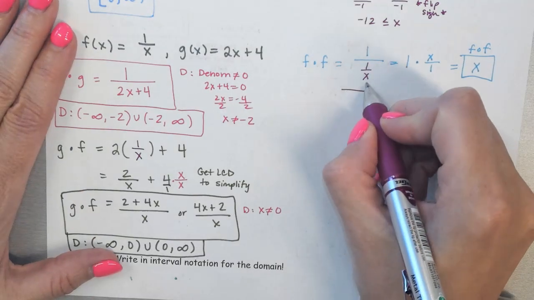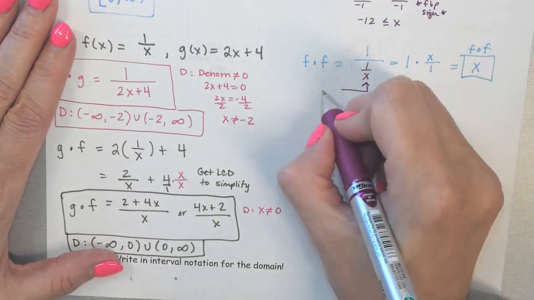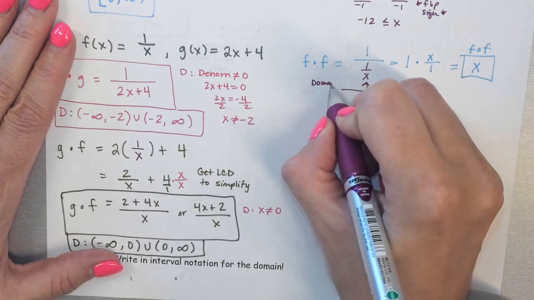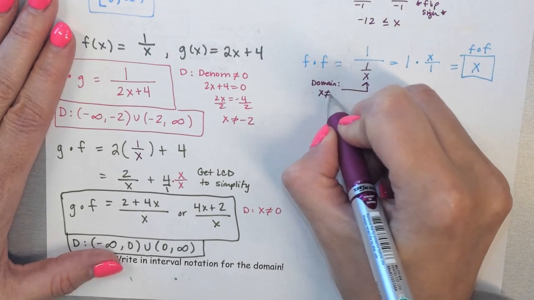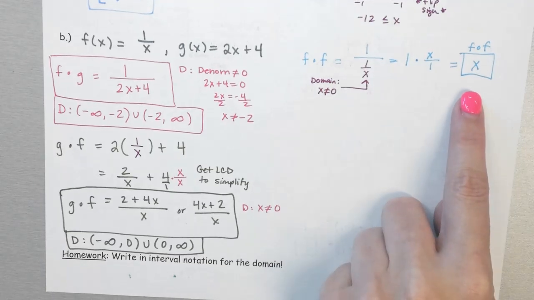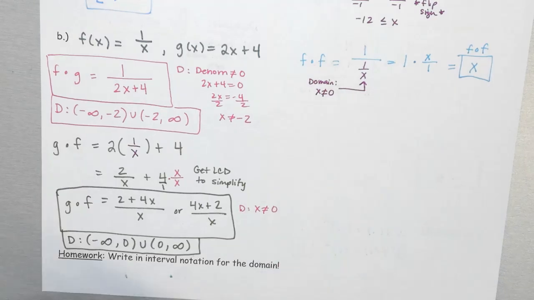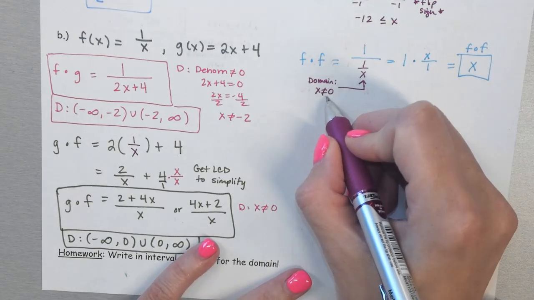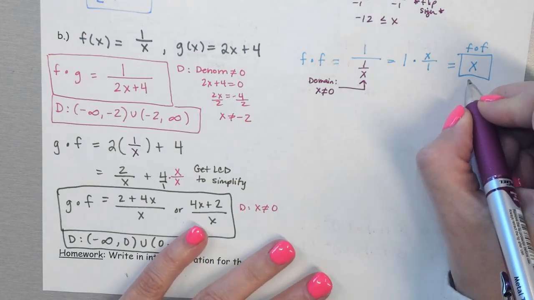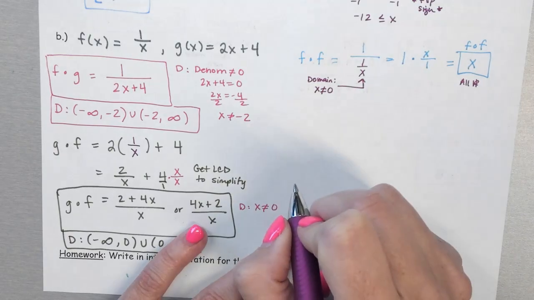Because if you look here, we know that with the domain, your x value could not be 0. And if it was, you wouldn't even be able to simplify to get to this final step. Okay, so you have to exclude that from your domain. So it's similar to saying, oh, here x has to be 0. For this one, it's all real numbers. So you have to find both.